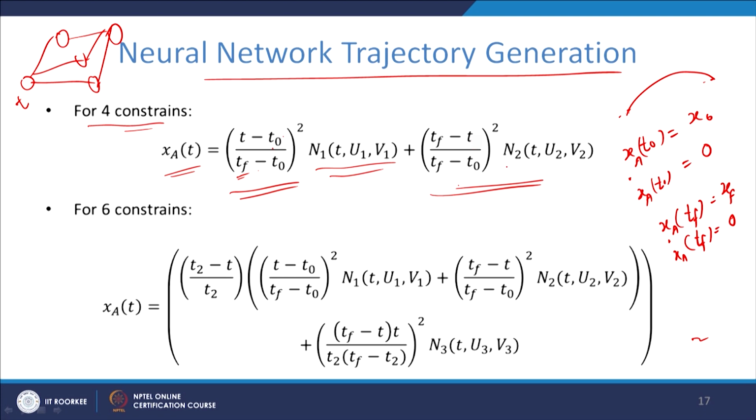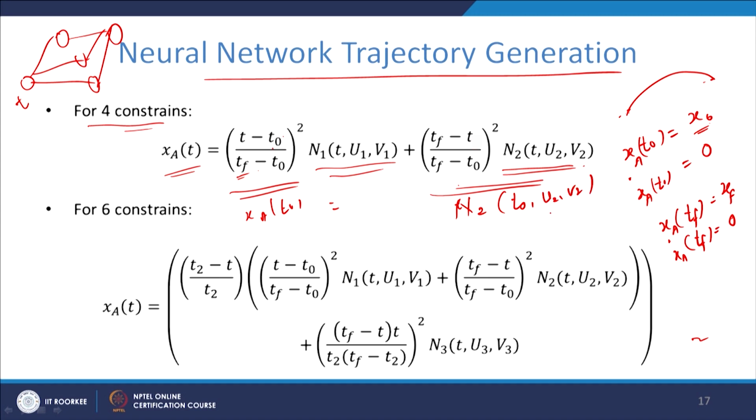So, our aim here is only to train this N2, the neural network 2, for this particular value, that is xa at t naught equal to x naught. When we substitute in the first formula xa at t naught, that is nothing but tf minus t naught whole square, that is 1, and only the N2 will come, N2 of t naught, U2 and V2.